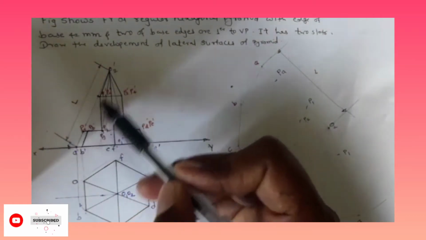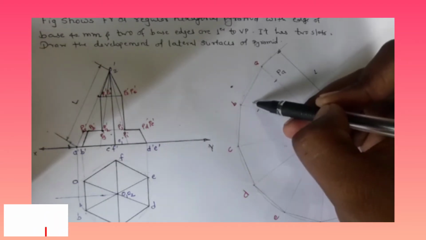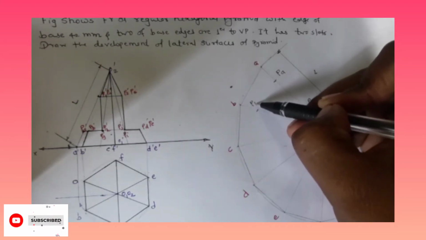Then similarly you have to take the distance of O2 B and mark here, so that will be PP.